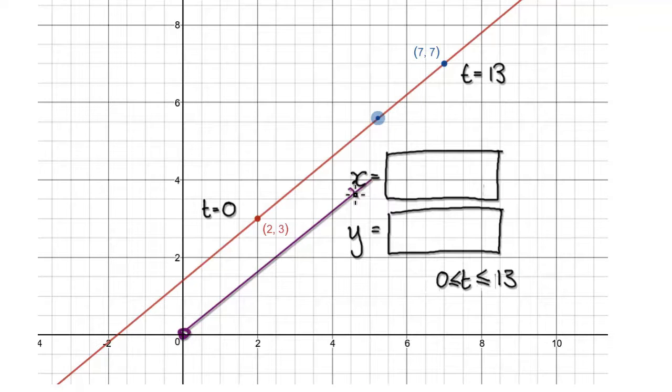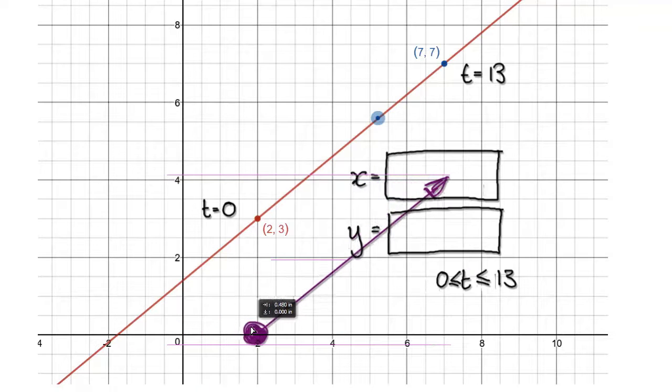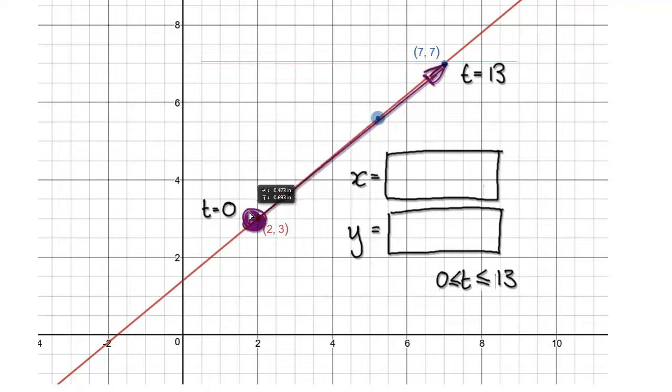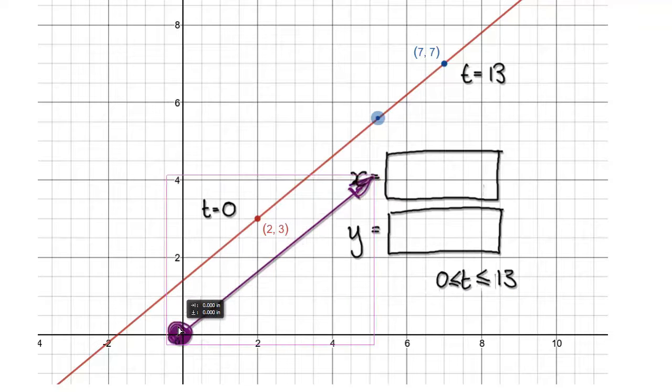Concentrate on making the particle move from the origin to here, and then later on we can translate it, adding 2 in the x direction and 3 in the y direction, and that will give us the path of our particle. But for the time being, concentrate on making the line from the origin to here.